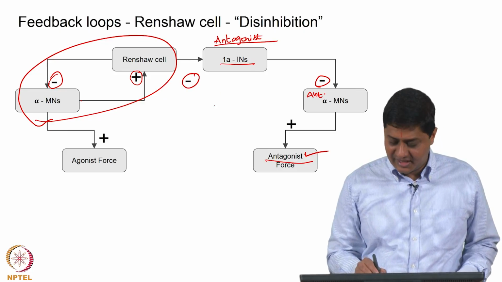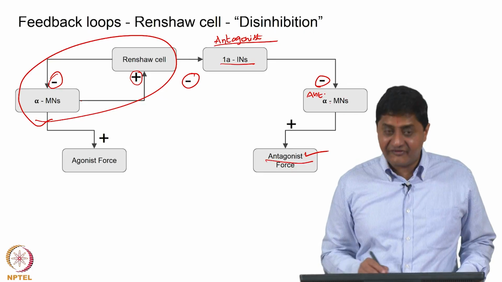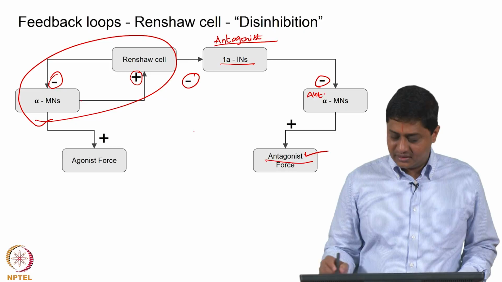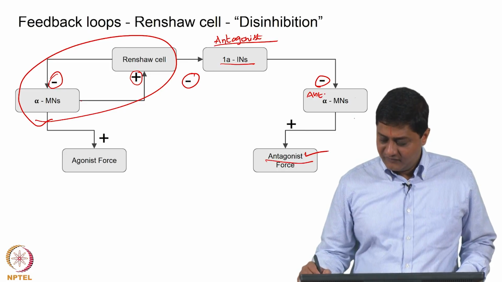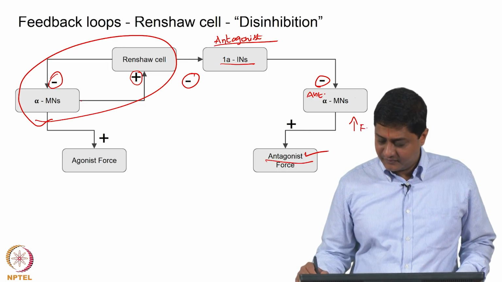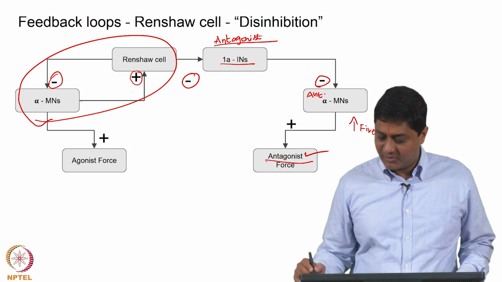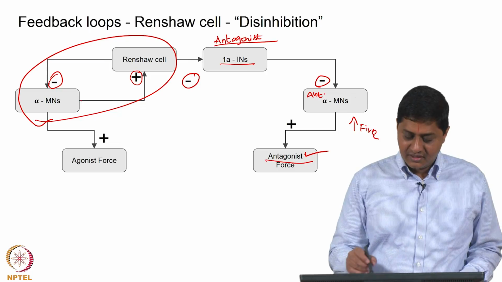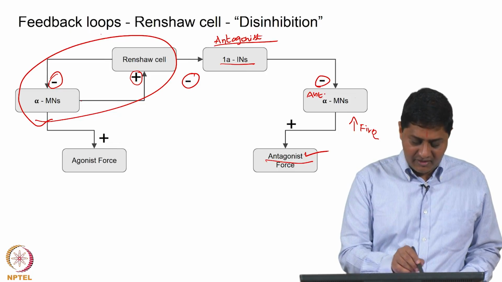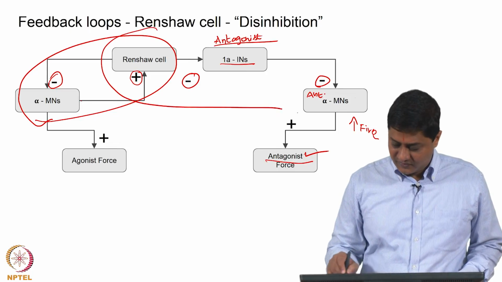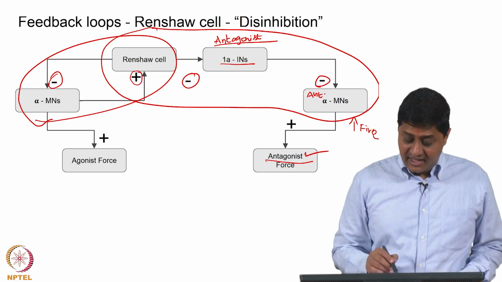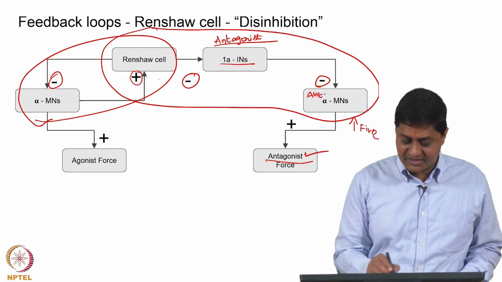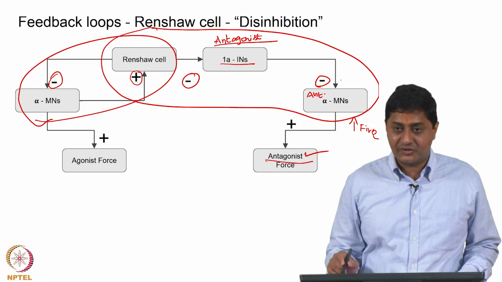So, that is minus into minus, plus, in other words effectively increasing the probability that this alpha motor neuronal pool will fire. Okay. So, what we have seen is there is one more loop that involves that. This might appear as negative, but minus into minus is plus, is what it would appear as.